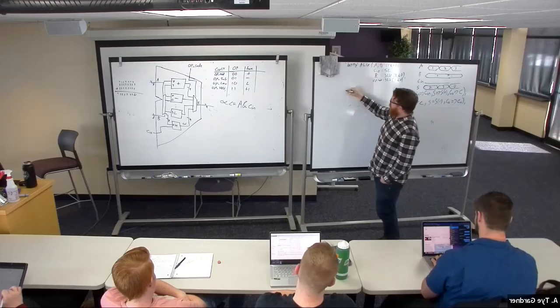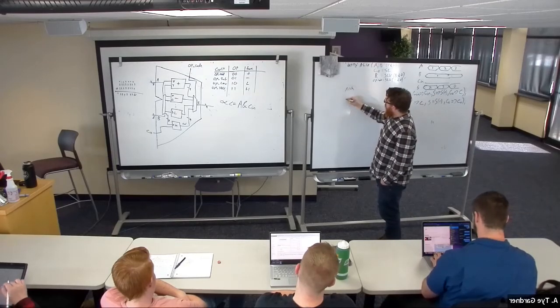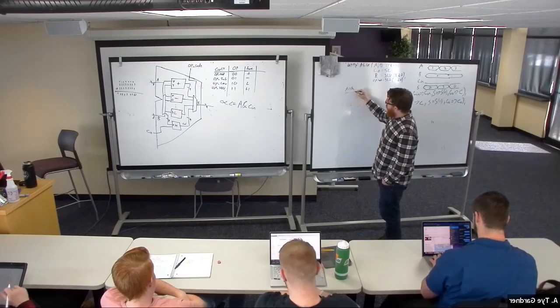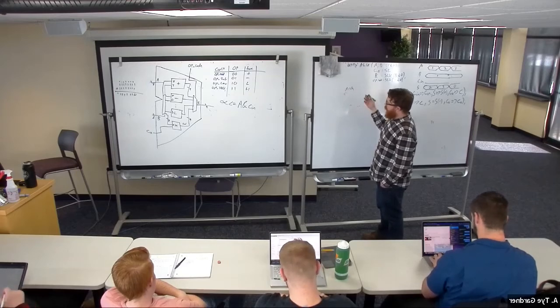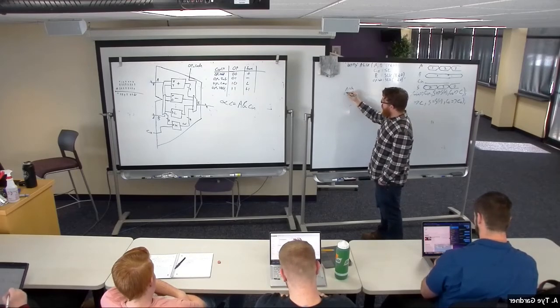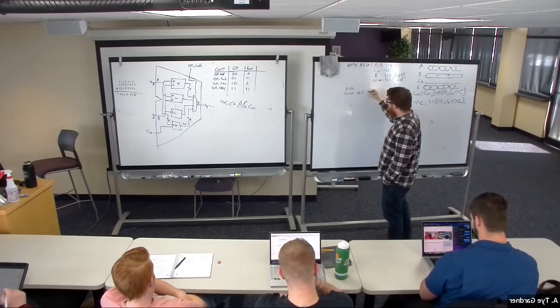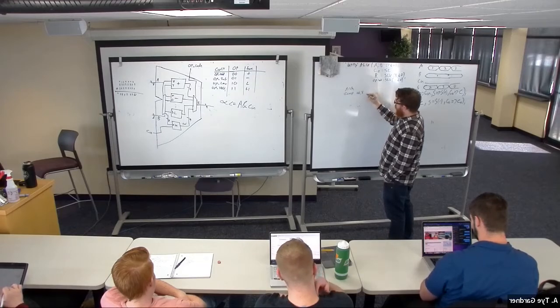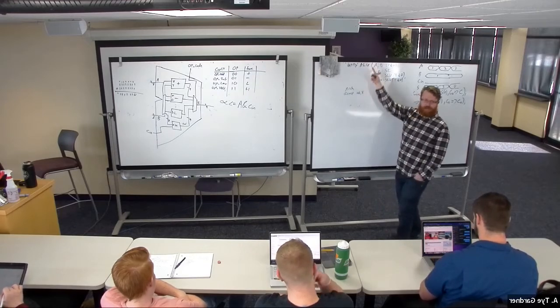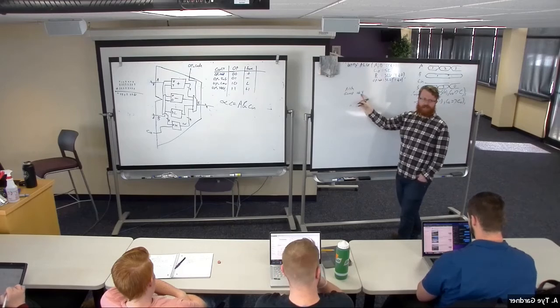Then I have the architecture. Here, I'm going to need to say, well, my components exist, so I'm going to be something like component add 8. And it's going to be the copy and paste of the entity, but for the adder instead, right?